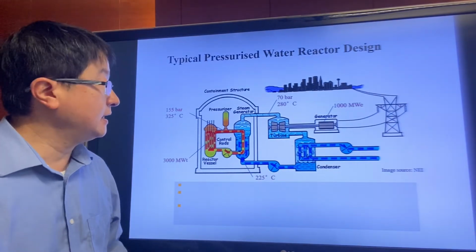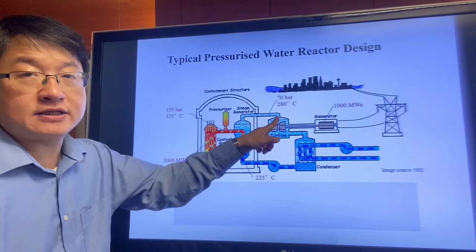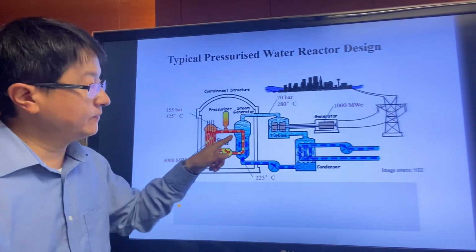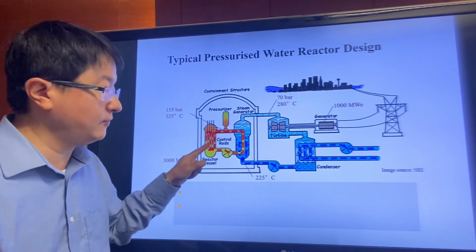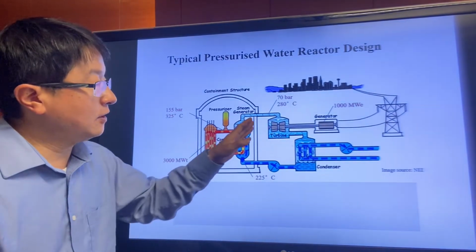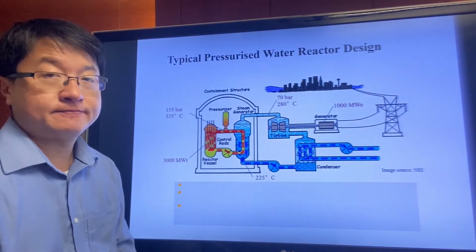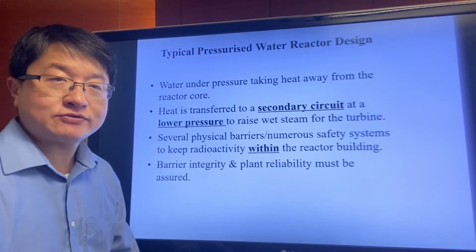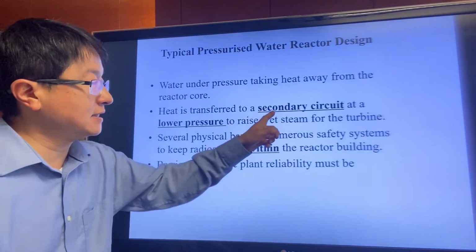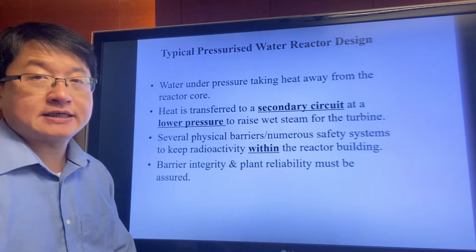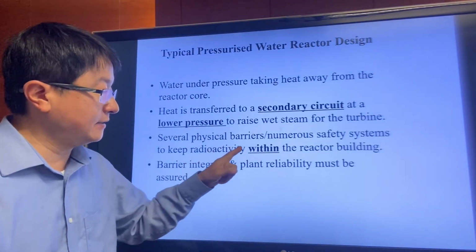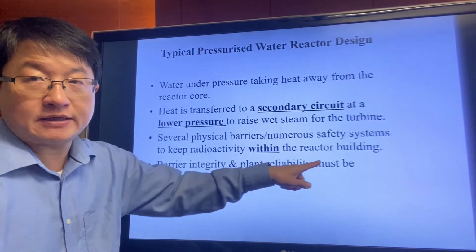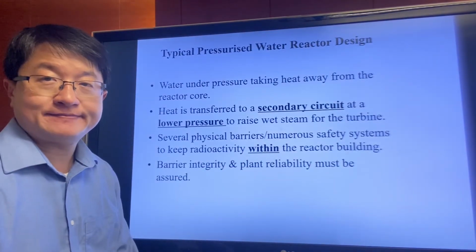Even if there is leakage outside the containment structure, the dirty water which has been irradiated by the reactor will not leak to the public. The key point in the pressurized water reactor is that there's a secondary circuit that can take away the heat from the primary circuit, and this occurs within the reactor building, which is much safer.